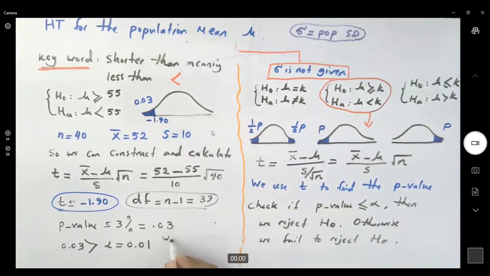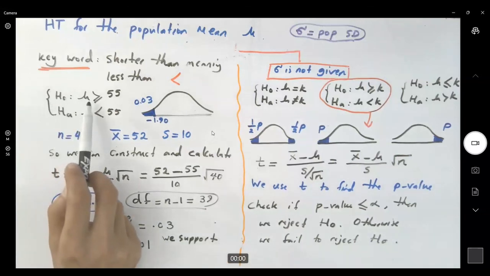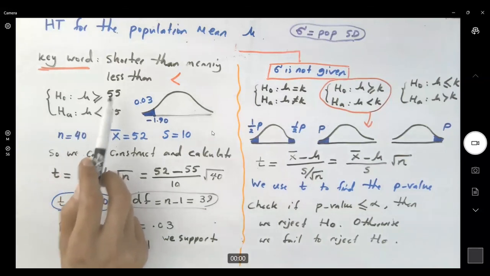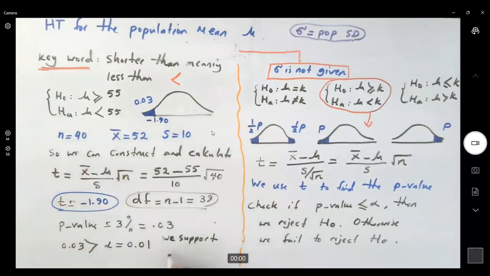So we support the hypothesis that the mean of the population is larger than or equal to 55 hours. So we support that mean is larger than or equal to 55 hours. This is our conclusion.